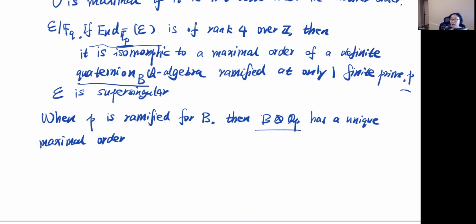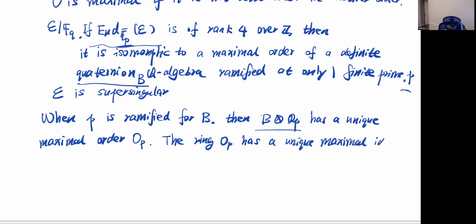On Q_p, we have the p-adic valuation. And there is a unique extension of this p-adic valuation onto the whole B tensor Q_p. This extension of the valuation gives you a valuation ring, and that valuation ring is exactly this unique maximal order. We will denote this maximal order by O_p. Also, as a ring, O_p has a unique maximal ideal, so everything is very local.